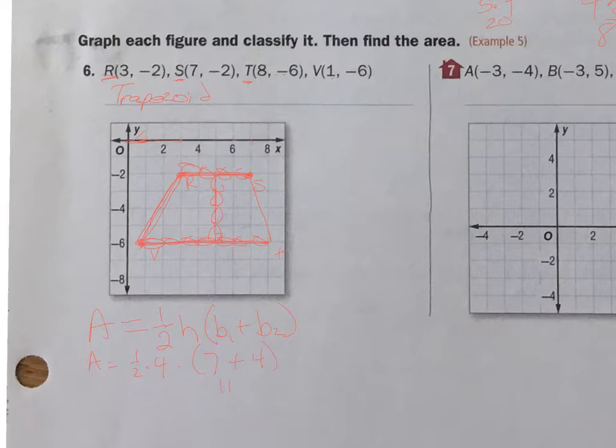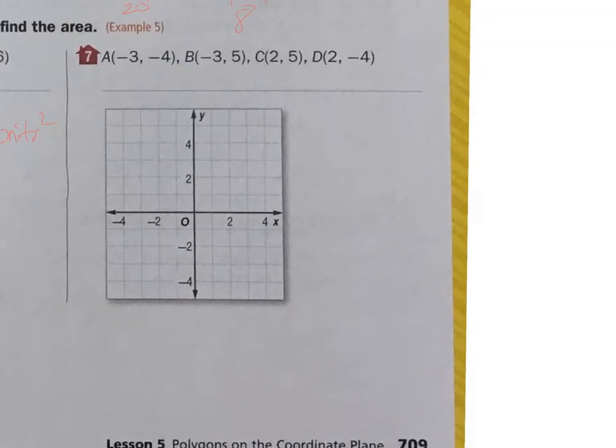Okay, so that equals 11 times 4 times 1/2 equals my area. Half of 4 is 2, so area equals 2 times 11. Area equals 22 units squared.